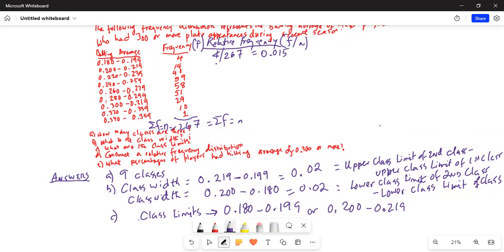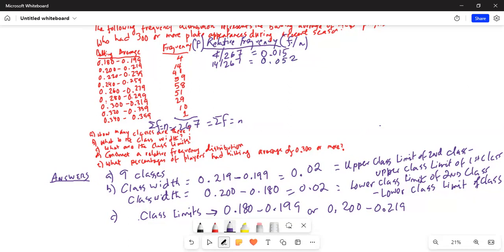Next one will be 14 divided by 267, which is 0.052, and you continue with the process.